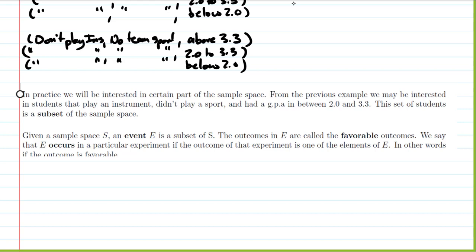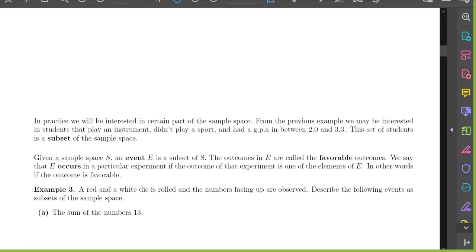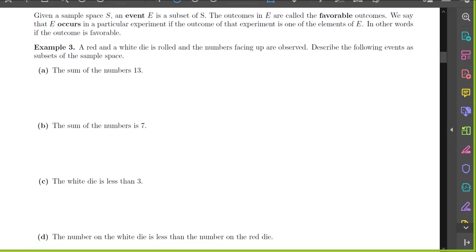What about all the students that play an instrument? That's a subset, right? We could ask questions about that subset of the entire space. So an event E, if we're doing an experiment, if that's what we want, we call that event favorable. We'll do some examples to illustrate what we mean.